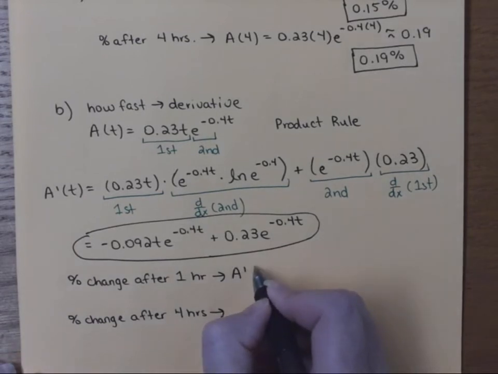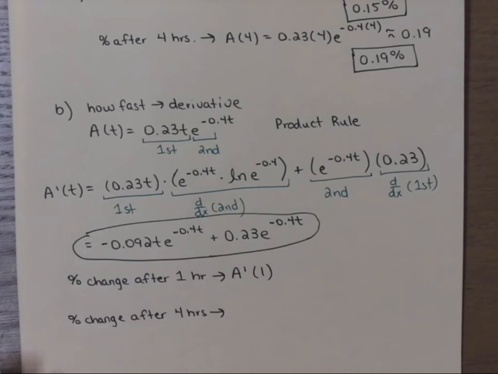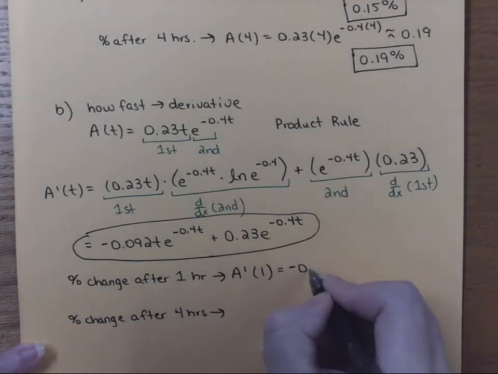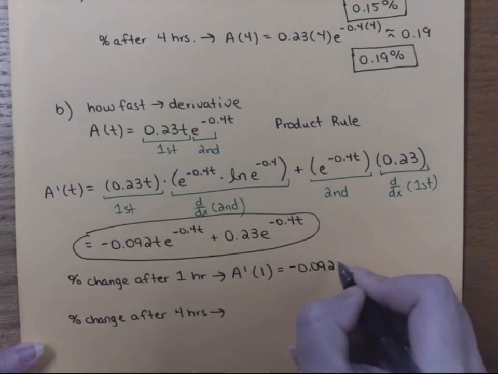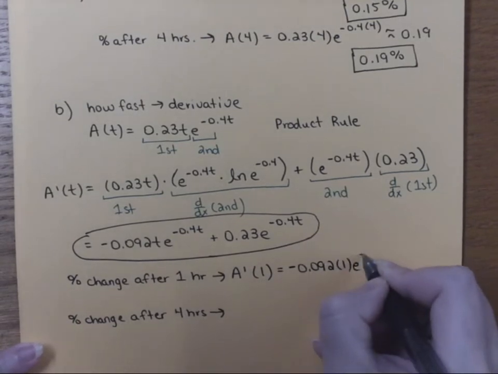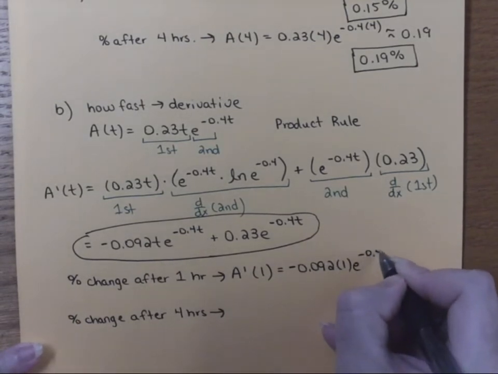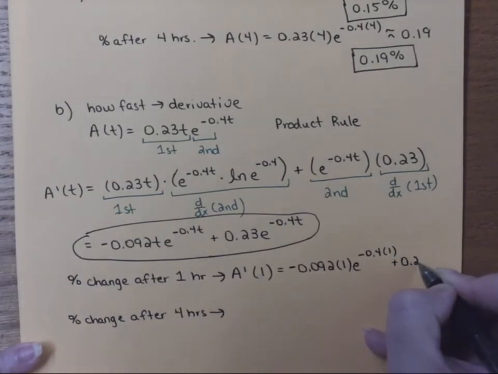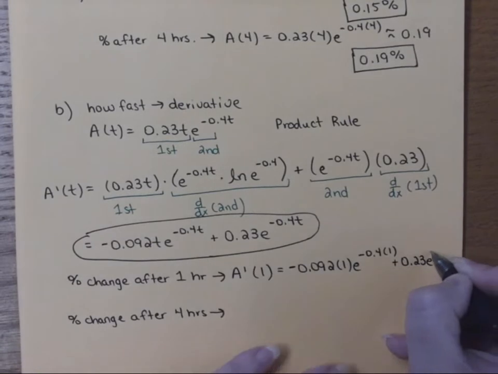So if you do a prime of 1, okay, I don't really want to necessarily show all of that, but we'll just let the calculator do it. So negative 0.092 times 1, and then e to the negative 0.4 times 1 power, and then plus 0.23 e to that same power.